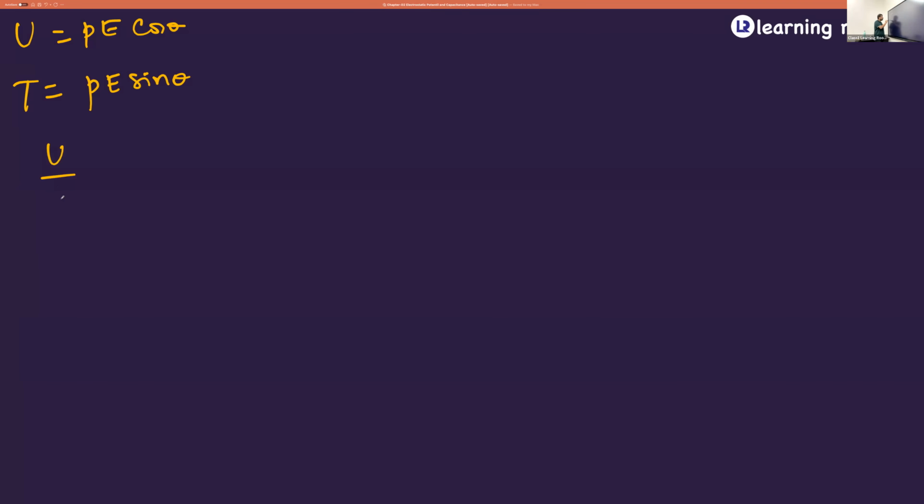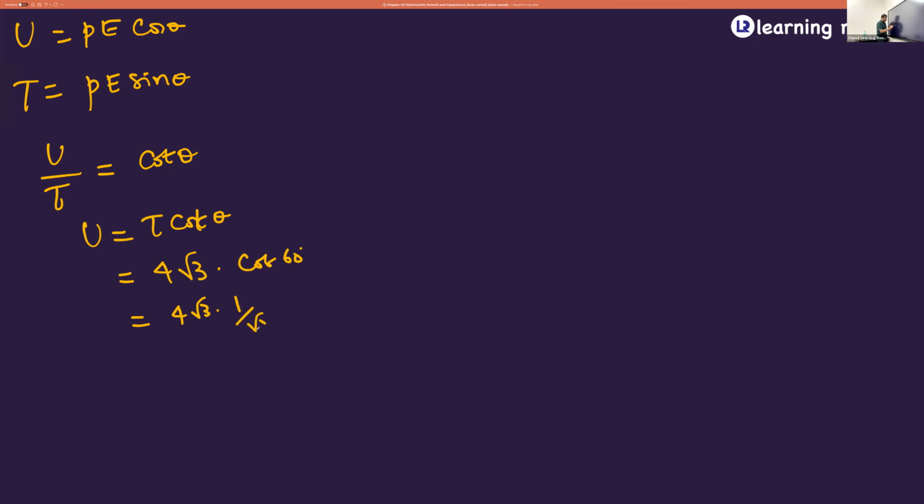So if I do u divided by tau, what will I get? I'll get cot theta. So u is equal to, what is the value of torque they gave? 4 root 3 into, what is the value of theta? Cot 60. What is cot 60? Cot 60 is 1 by root 3.